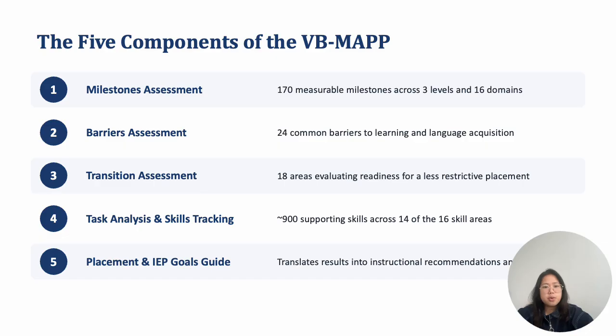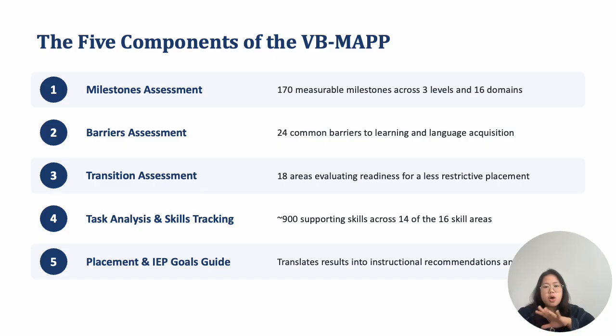The fourth one is the task analysis and skills tracking system. It breaks those 170 milestones into roughly 900 smaller supporting skills across 14 of the 16 skill areas, giving you an ongoing curriculum guide between formal reassessments. And the last one is the placement and IEP goals guide.